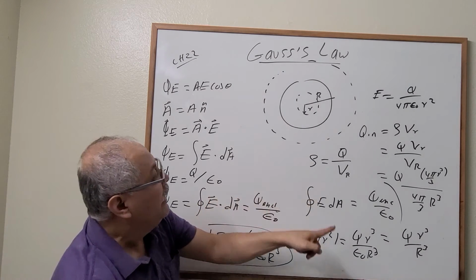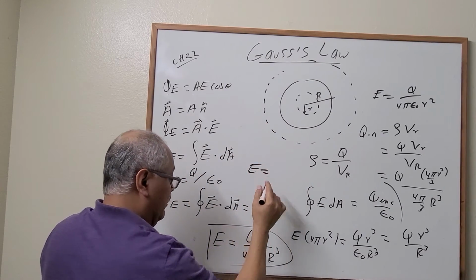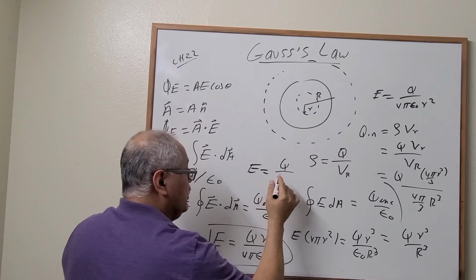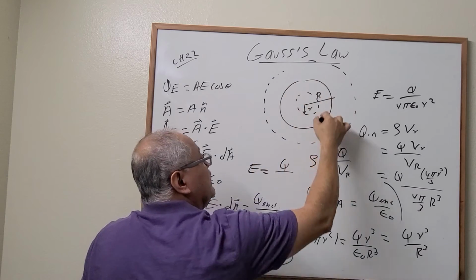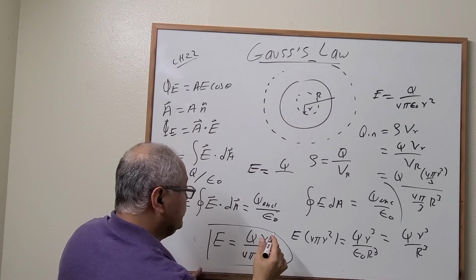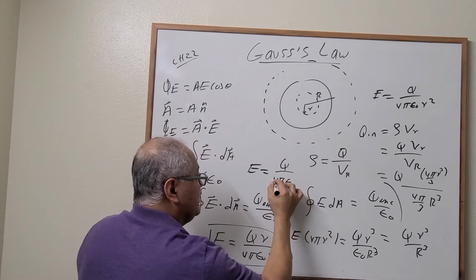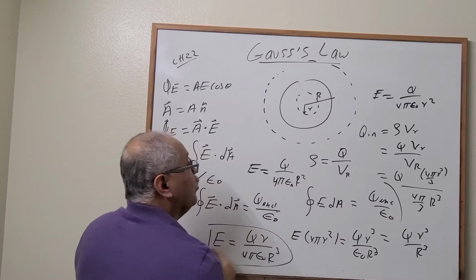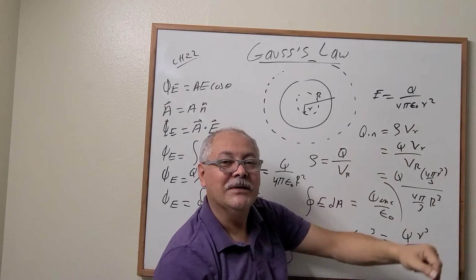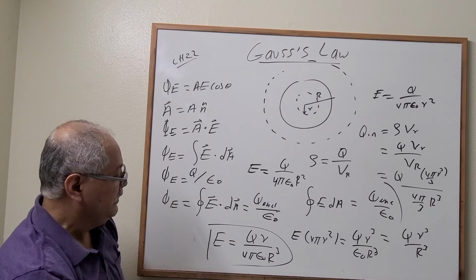Well, it behaves as the formula for a point charge, but now taking the radius of the sphere: the charge over 4 pi epsilon naught times r squared, which is similar to the general equation for the electric field of a point charge.